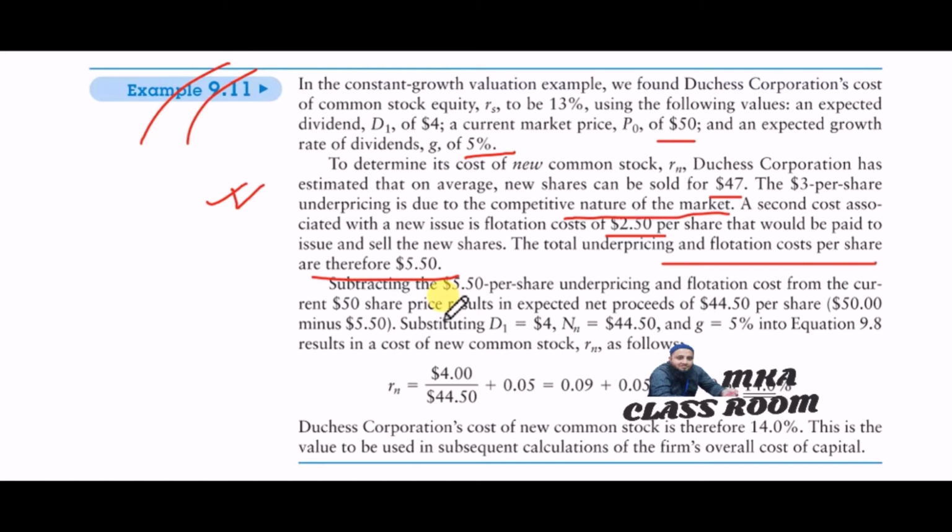Subtracting the 5.5 per share underpricing and flotation cost from the current $50 per share results in expected net proceeds of 44.50 per share, that is 50 minus 5.50.